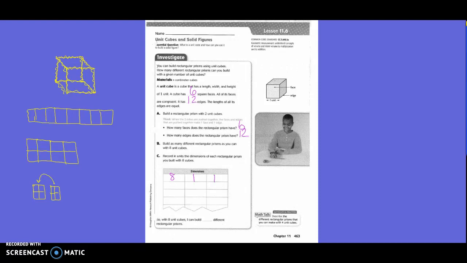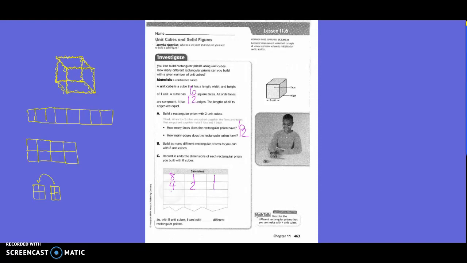So then for our next one, we drew this, because this is what you guys did, and you had how many in each row? 4. How many rows did you have? 2. And how tall was it? 1, because it was on the flat level. Okay? How many did you have in each row for the next one? 2.